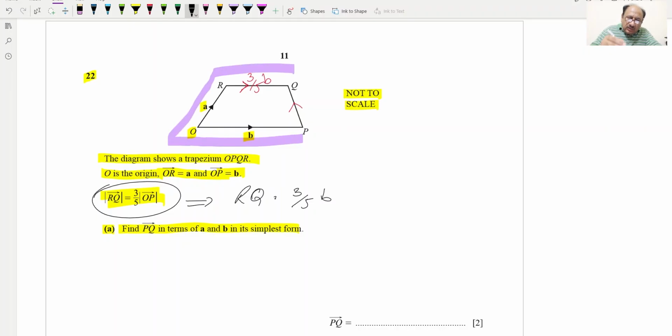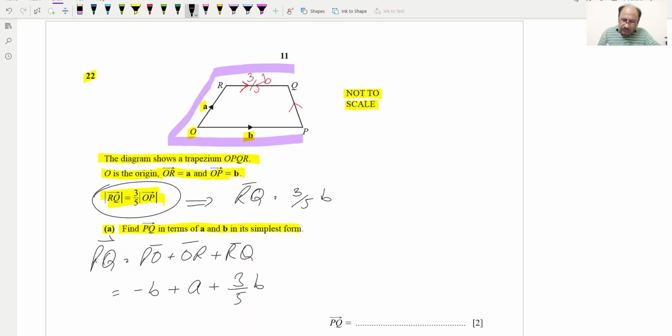So we can write here PQ will be equal to PO plus OR plus RQ, and this will be vector. So we can write PO as minus B, plus OR as A, plus RQ as 3 by 5B, and now A and these two we can simplify.